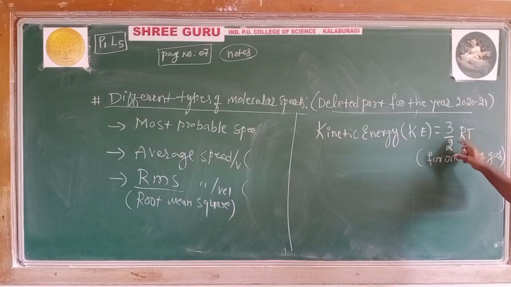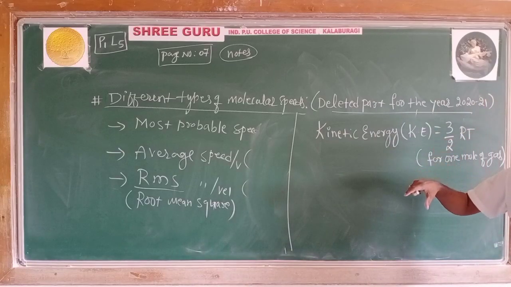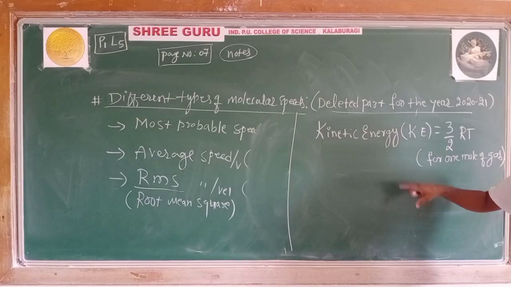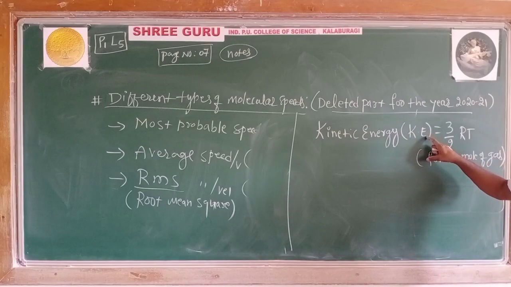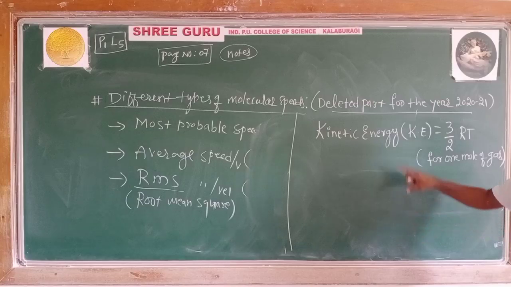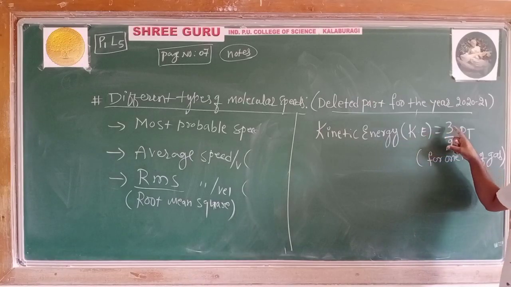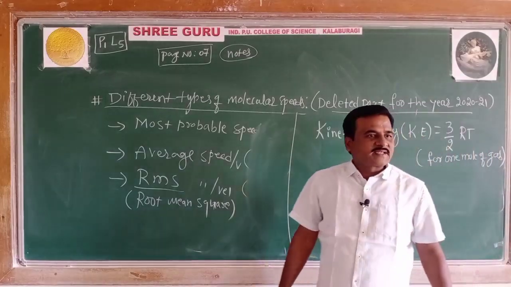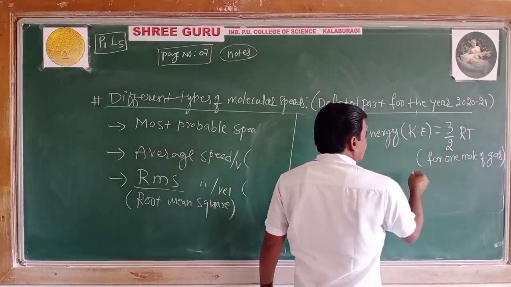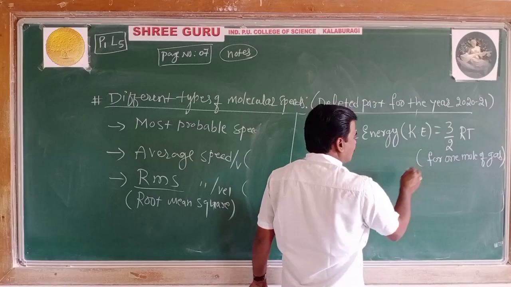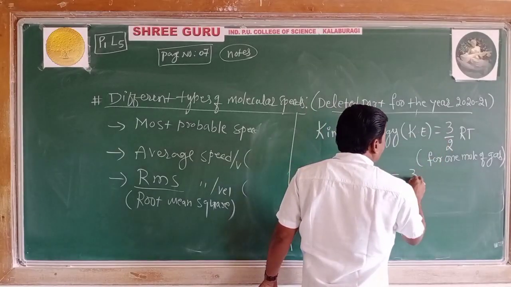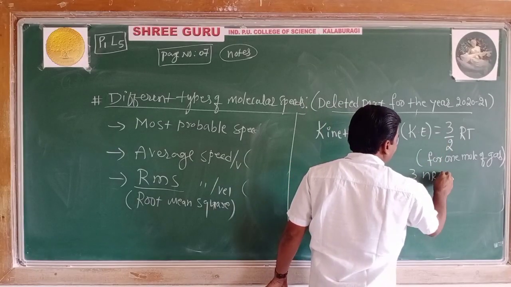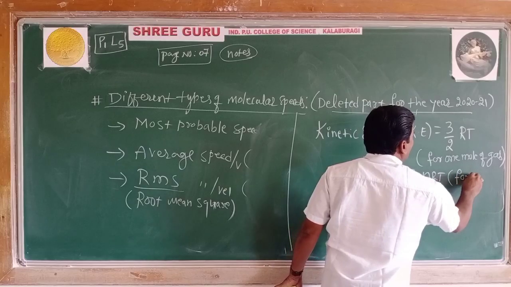This is the formula derived from the kinetic gas equation. Kinetic energy of a gas is given by KE equals 3/2 times RT for 1 mole of gas, and for n moles of gas it is 3/2 times nRT.